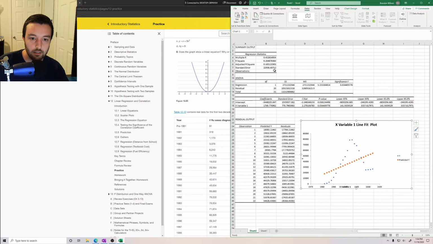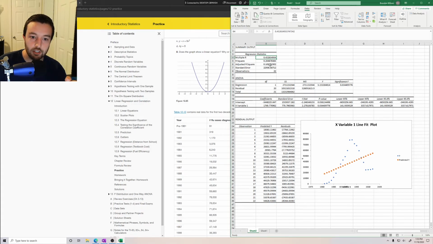So this gives you your sample size. Multiple R, that's not something we talked about, but in this case, this is like your R value if you have multiple variables. We only have one variable here, so this is just like our regular R value. You can see the relationship is positive, as we see on the graph here, but it's still not a very strong relationship.